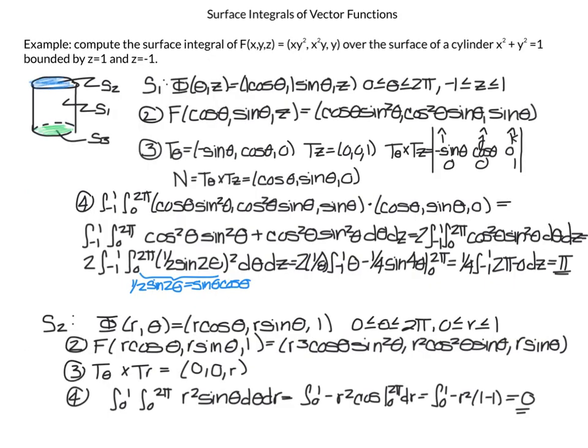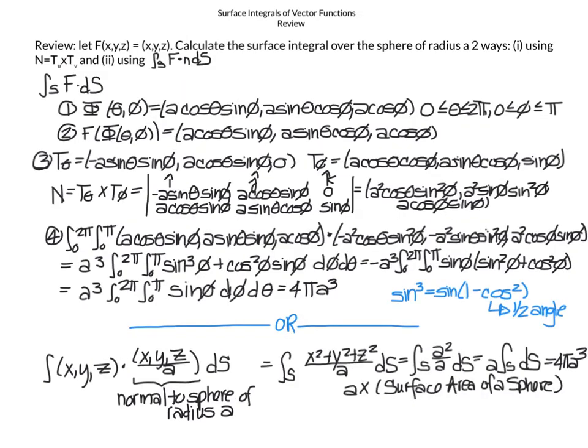Here is the solution for the cylinder, and at this point in my integration, I did use this double angle formula, which I put in blue here. This is the solution to the second problem, and two things I will comment on. First, the radius here of our parameterization of the sphere of radius a: we set the radius equal to a.